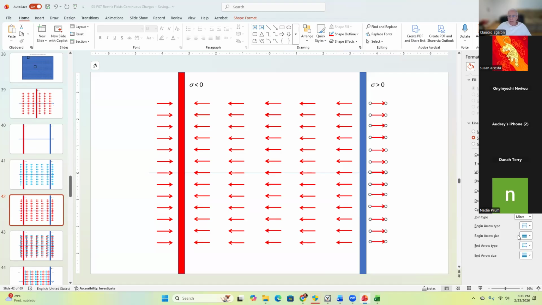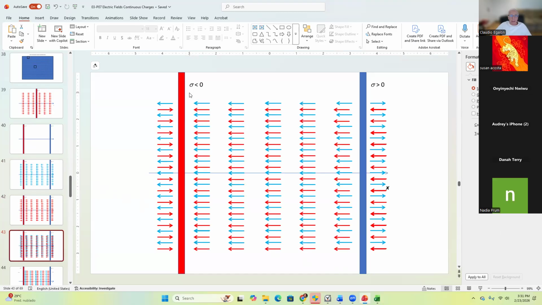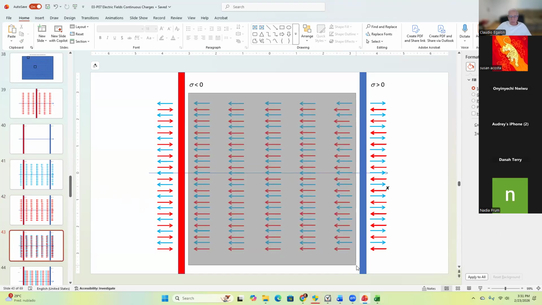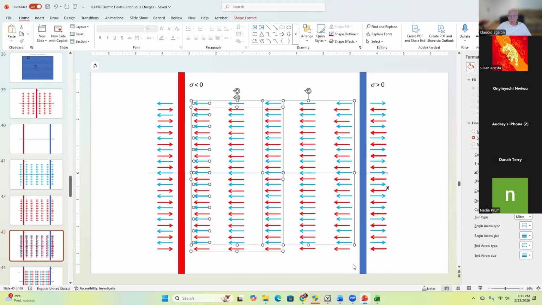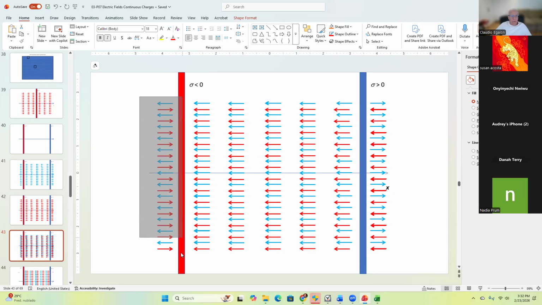Now, you sum this electric field distribution to this other electric field distribution. What are you going to get? You're going to get a superposition that is going to reinforce the field within the volume between the two plates, and a field distribution that is going to cancel out in the volume outside the plates.